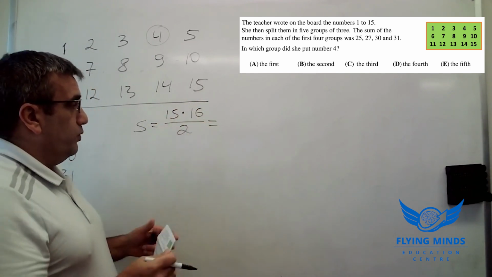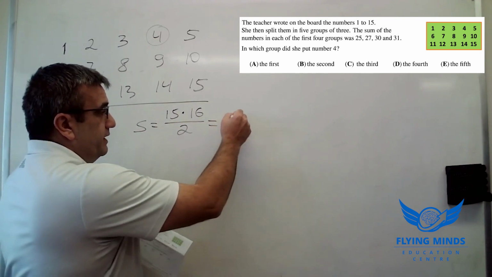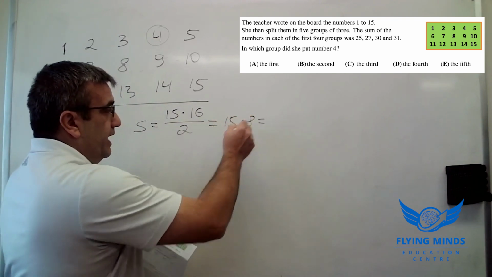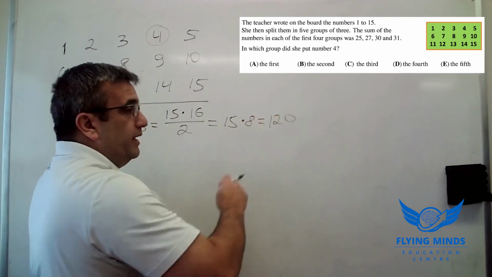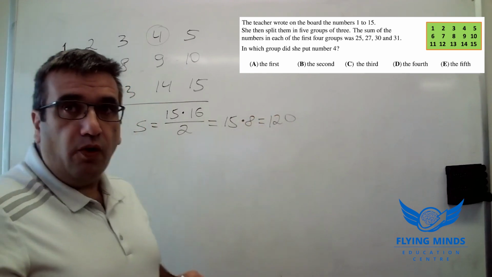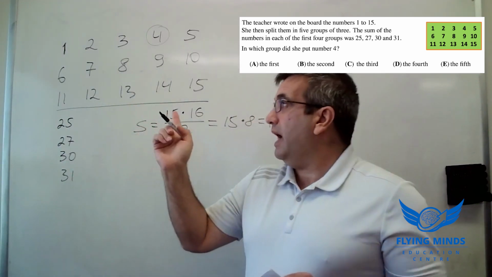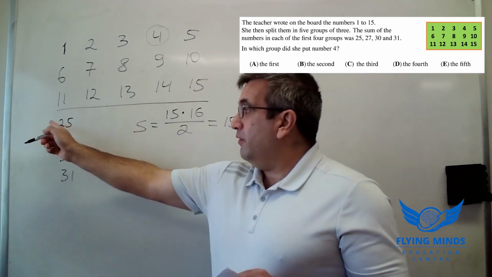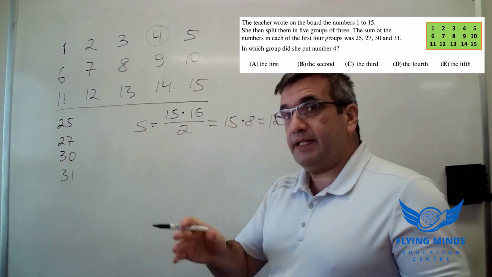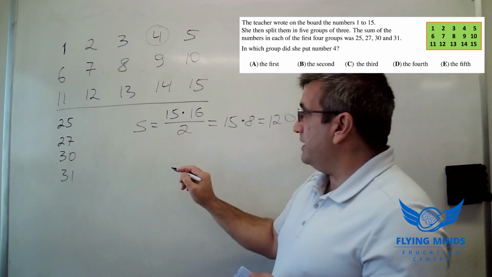So we get 15 times 8, which equals 120. So the sum of all 15 numbers equals 120, and the sum of all 5 groups must add up to 120.